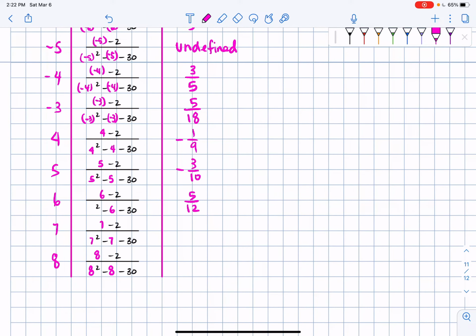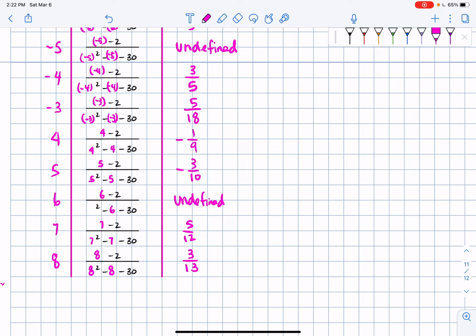Nope, sorry. This is undefined. This is 5 over 12. And last but not least, three over 13.